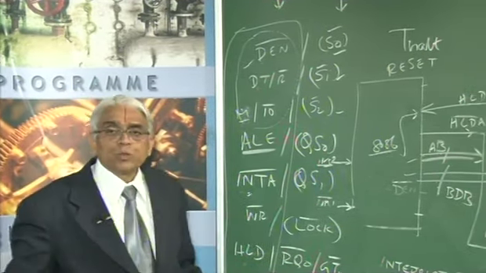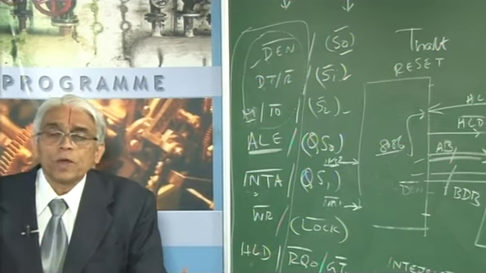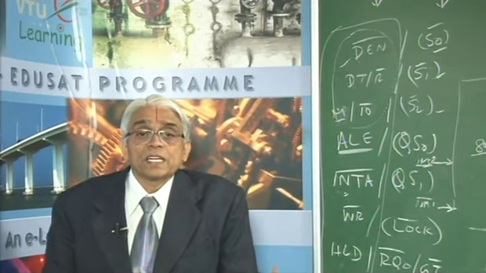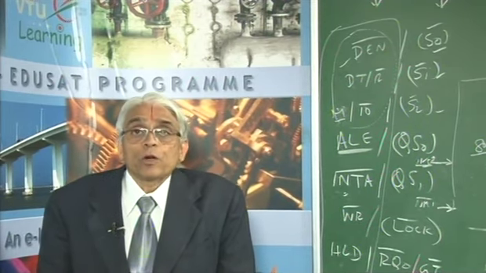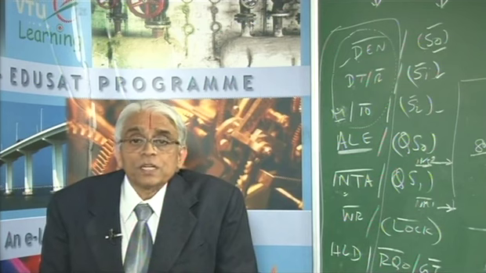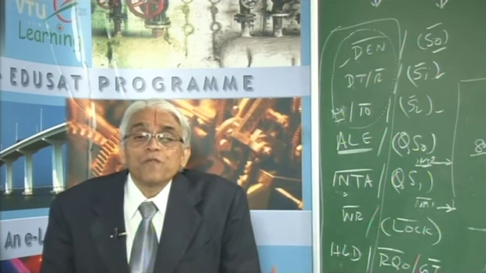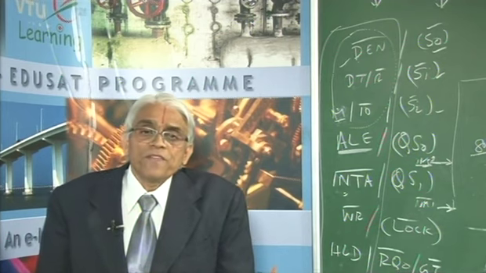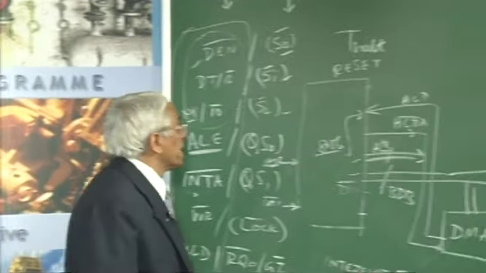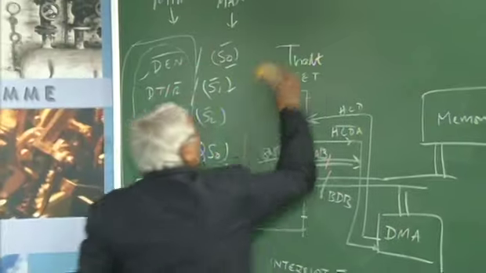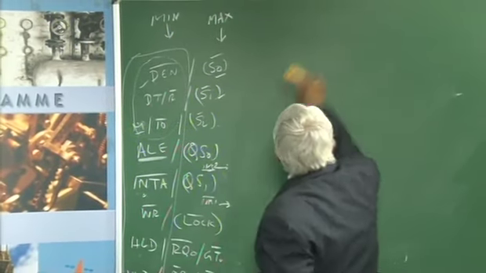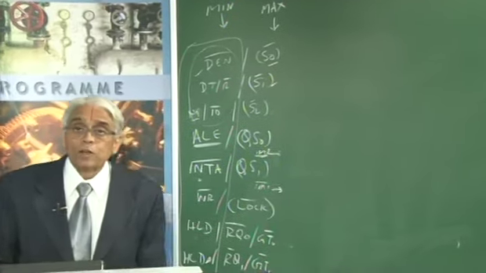QS0 and QS1 talk about the status of the queue. Why do you require the status of the queue? The queue status is required by the external world only when you have a coprocessor. The coprocessor requires to know which instruction is being executed. When we have a microprocessor working, it is convenient for the processor to understand that it is performing a particular operation.